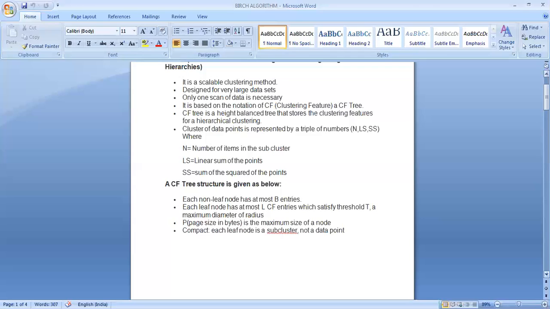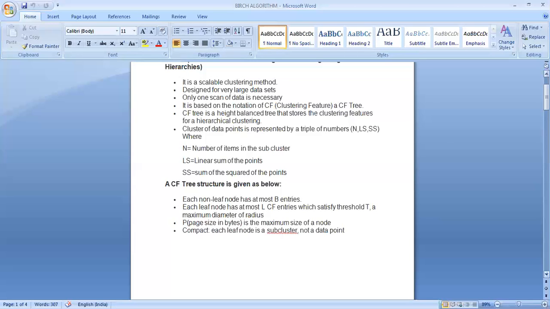Here the page size of the node is limited by P. That represents that P bytes are stored at a node. Here each leaf entry is not a data point, but instead it is a cluster.